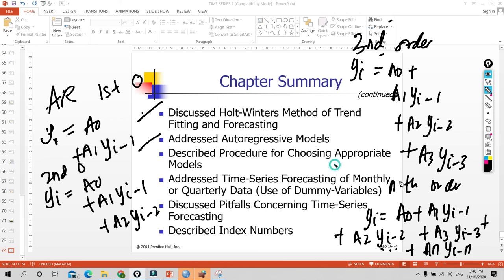This is what I call the nth order regression line. I think that's all for time series on the trend and the autoregressive models, the Holt-Winters model, the exponential model that we have learned in this time series lecture.